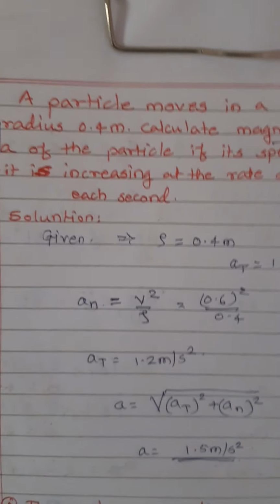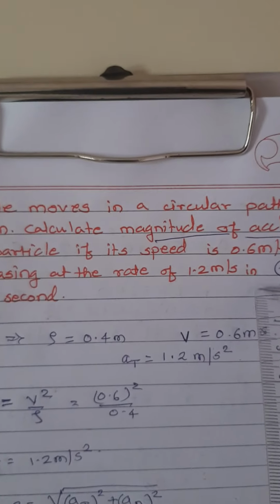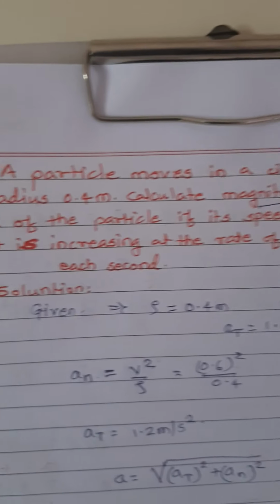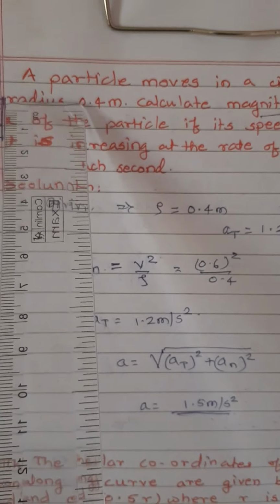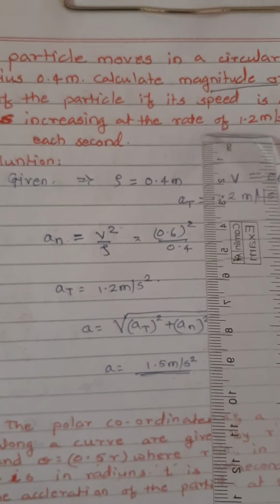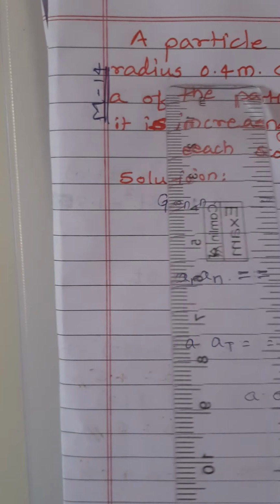Dear viewers, the next problem, which appeared for 4 marks in the SPPU exams of May 2014, states: a particle moves in a circular path of radius 0.4 meters.